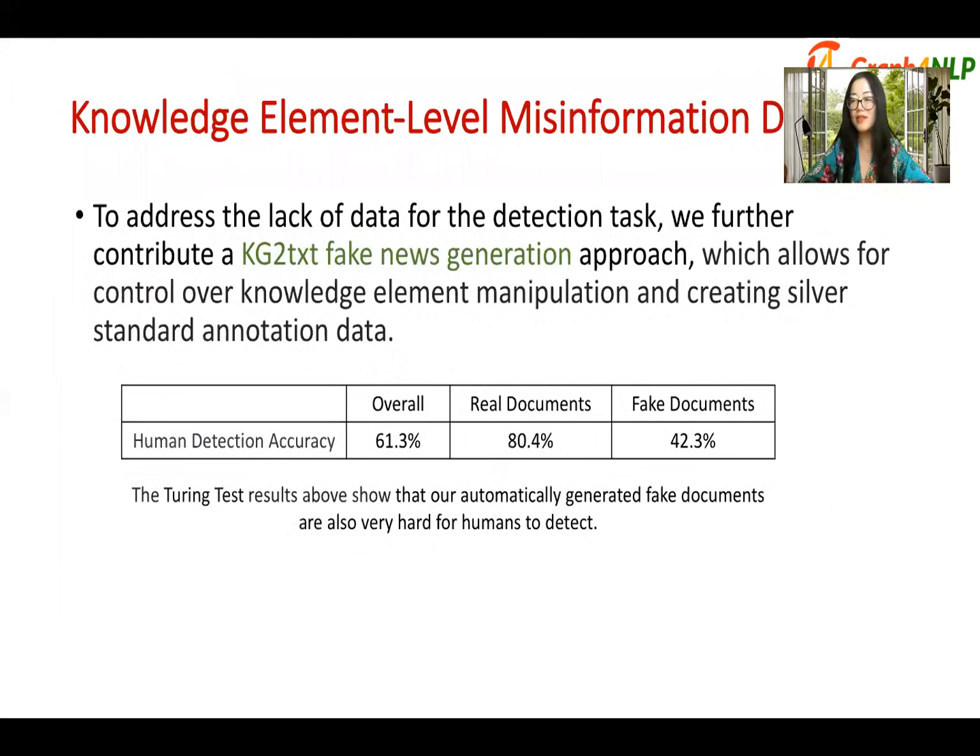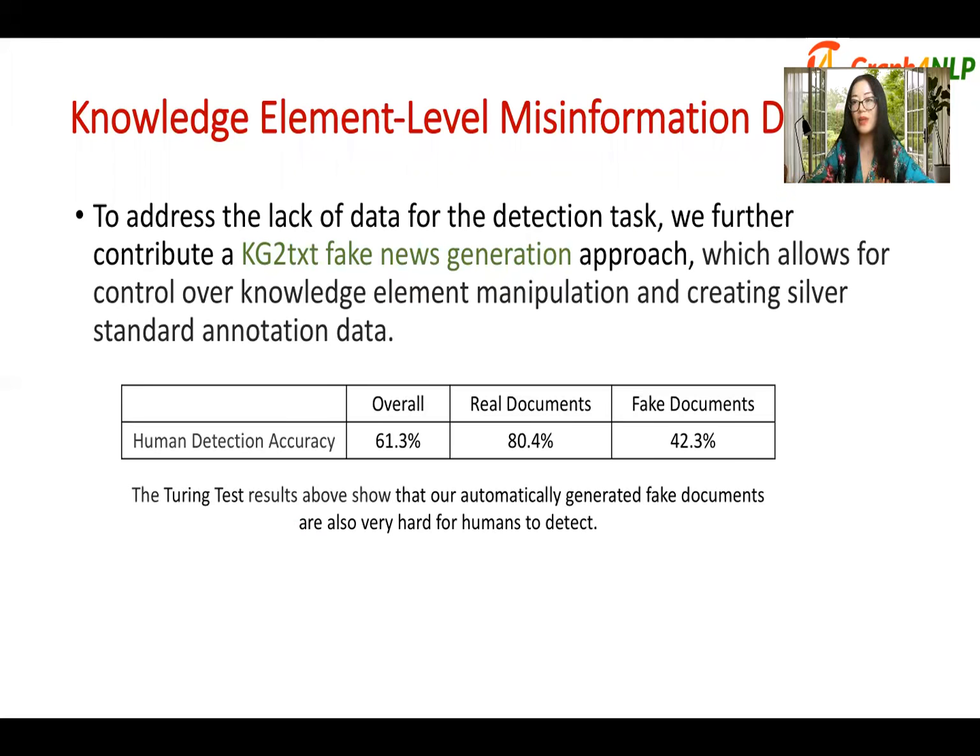So to check the difficulty of detecting information from this kind of automatically synthesized data, we did a Turing test. We showed a pair of real news and fake news to humans and asked them to figure out which one is fake and which one is real.